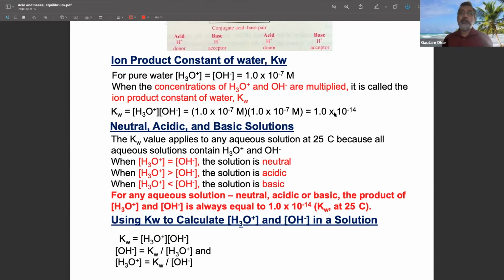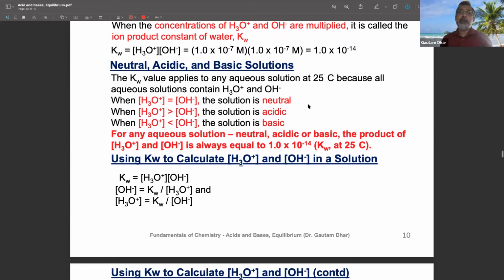Now, what that means is that Kw is a constant. If I increase H3O plus, OH minus must go down. If I increase OH minus, H3O plus must go down. But the total product, if you do the multiplication, is always going to be 10 to the power minus 14.